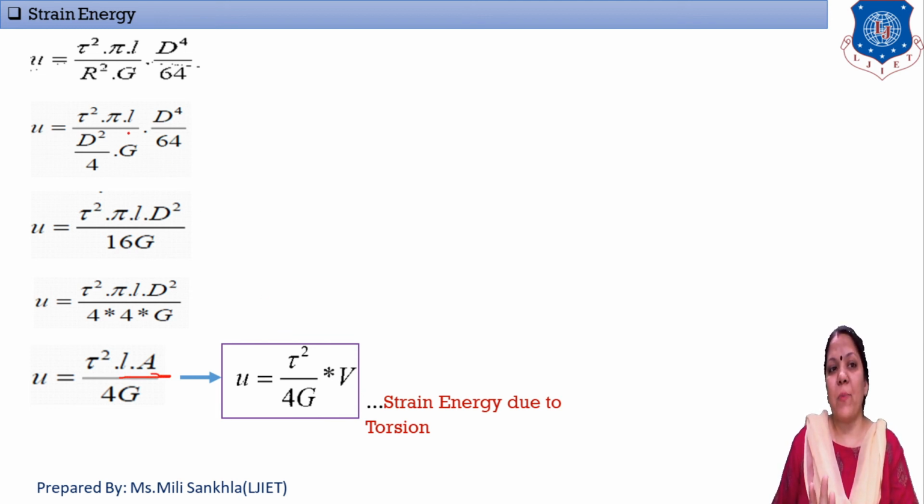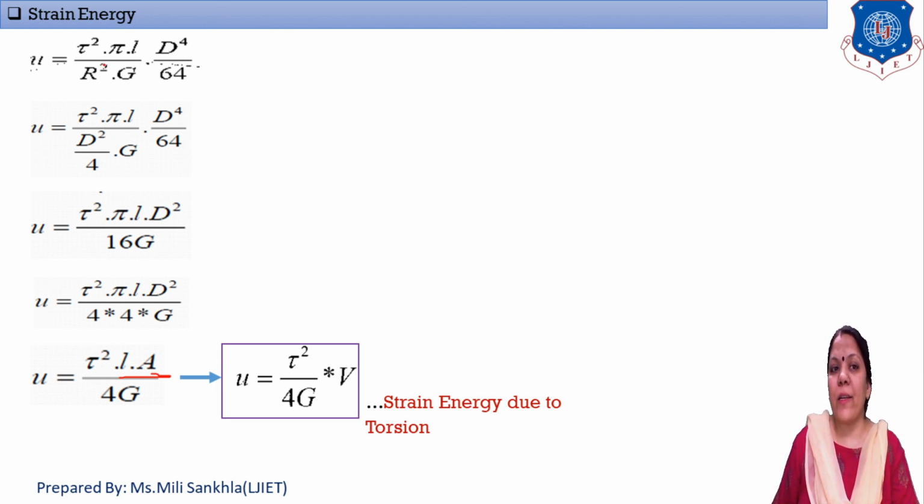Okay, again I am explaining. U is equal to τ² π L divided by R² G, D⁴ by 64. Clear? R is equal to capital D by 2, and the square of this is D² by 4.